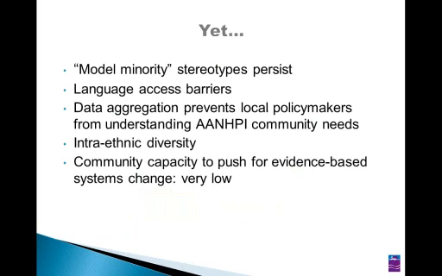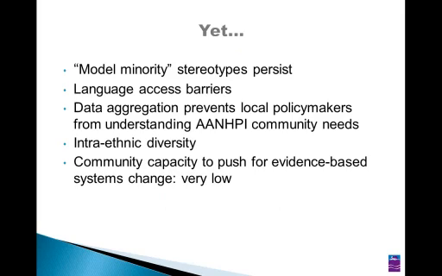Despite these challenges, the reason this network was created is we would like to counteract some of the misconceptions or stereotypes that are preventing this community from always receiving the most efficient assistance.